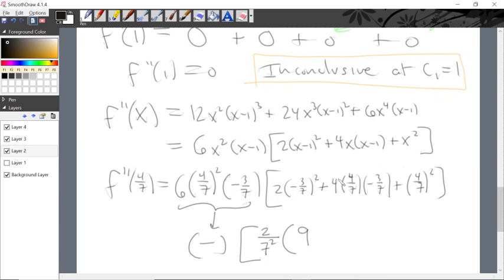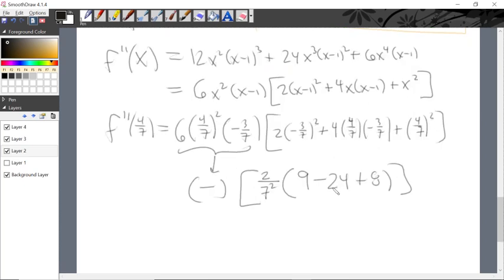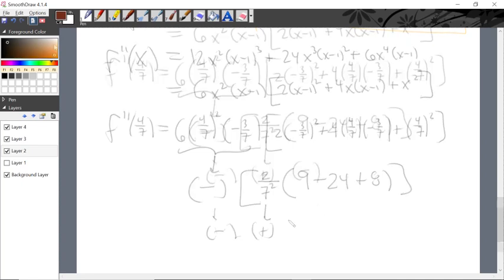I'm left with 2 times 4, which is 8, times negative 3, so negative 24 from that. And this one, took out the denominator 7 squared and a 2. 4 times 4 is 16, and I took out a 2, so this leaves me with an 8. Good, now I can figure out the sign of this factor. 2/7 is of course positive, so we have a negative times a positive, and then 9 and 8 is 17, minus 24 is negative.